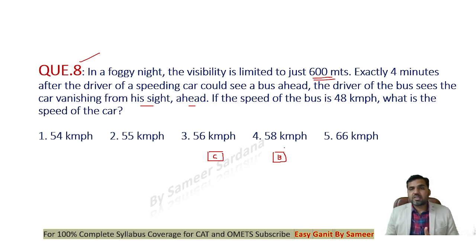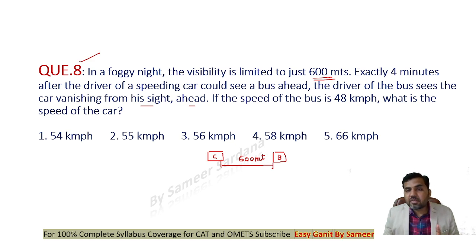The question says exactly 4 minutes after the driver of a speeding car could see the bus ahead. Because the visibility is only 600 meters, the moment the person driving the car spots the bus, the distance between car and bus is 600 meters.